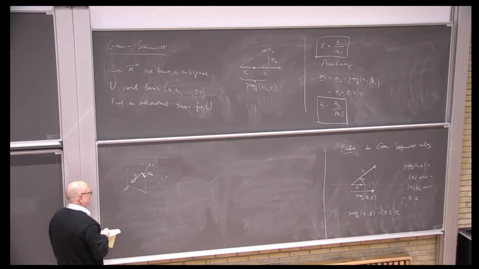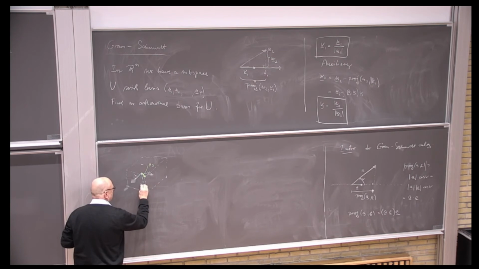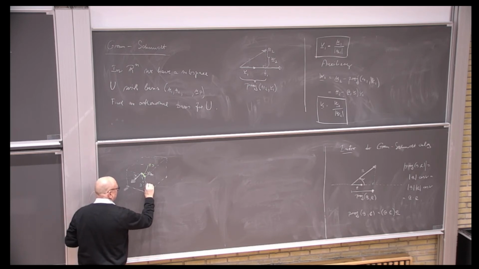So what I do first is that I draw some auxiliary vectors. This is A, and this is W3.